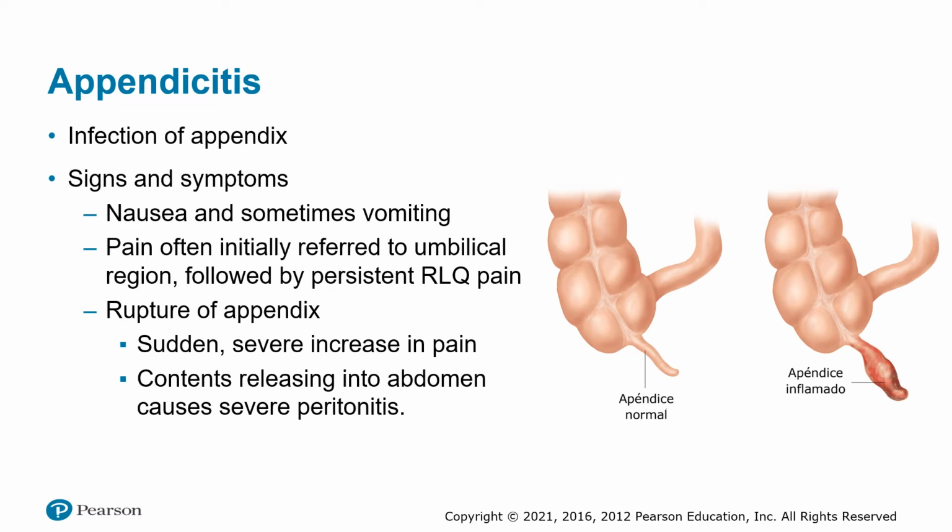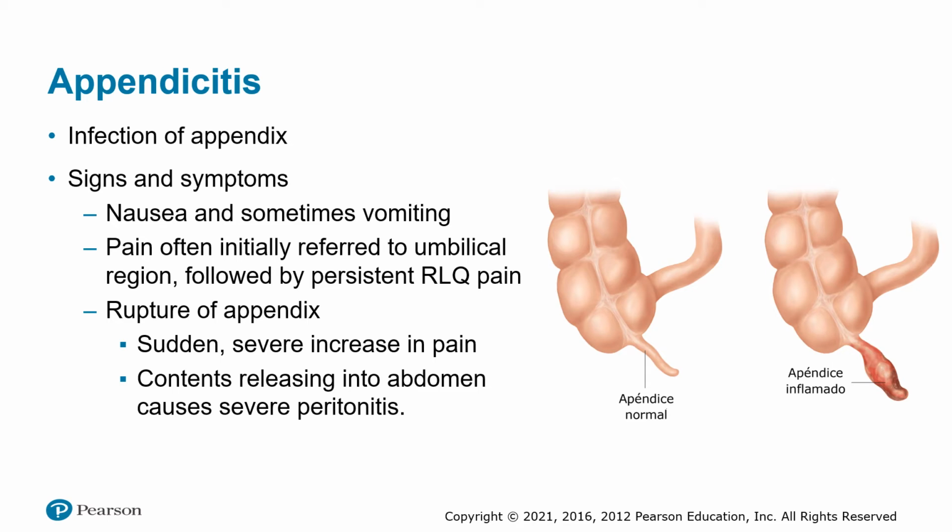So appendicitis is an infection of the appendix. The appendix comes out from the colon, and there's really no use for it as far as we can tell. What happens is waste gets diverted into it, and then it just kind of calcifies and becomes a problem.